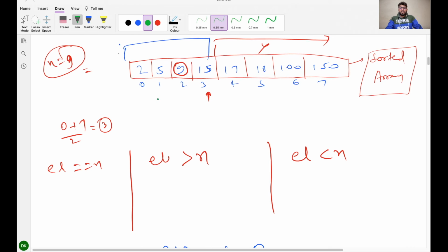At this time my middle element is 1, and I find out my current element is less than x. Then I can easily say that my left side elements are also less than x. So I again ignore this side, and after that I just consider this array.